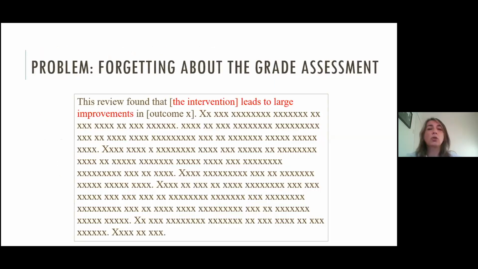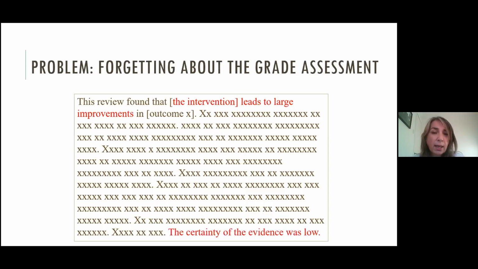A second issue, which is also a really frustrating issue, is that people forget about the fact that they've put all that effort into doing a GRADE assessment, but have actually not thought about using it in their presentation. So this is a typical scenario where somebody will say, this review found that the intervention leads to large improvements in, for instance, pain, which is quite an impressive result.